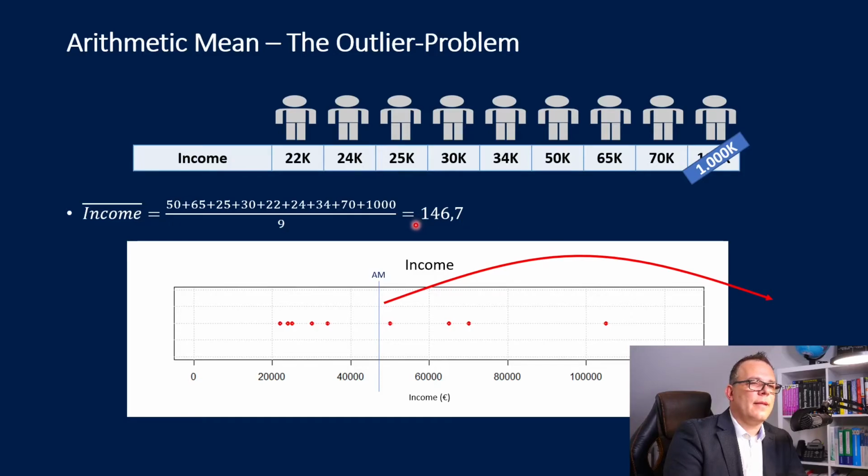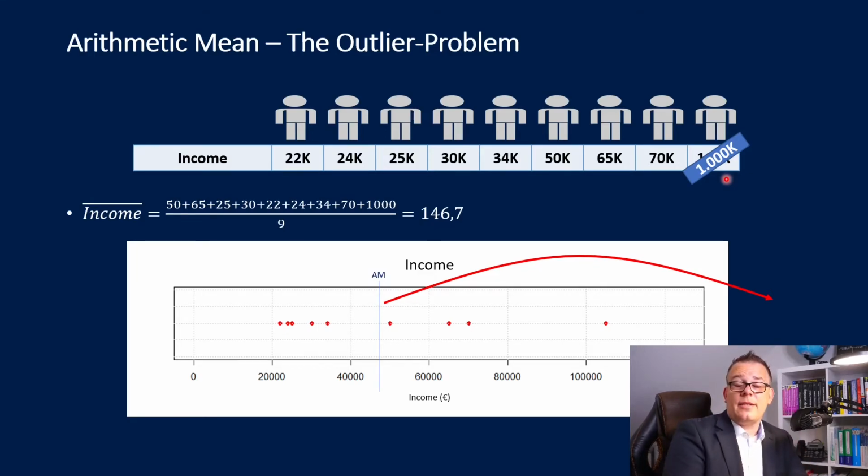And if we look at this number, 146,000, even all other 8 observations would all be smaller than the arithmetic mean. Only the rich guy is right of the arithmetic mean.